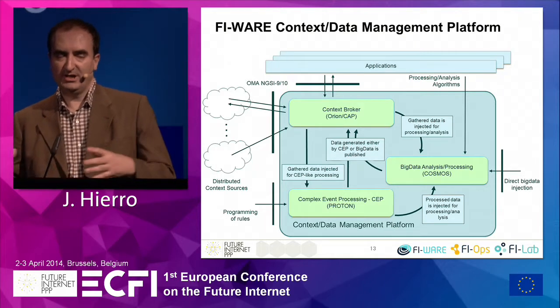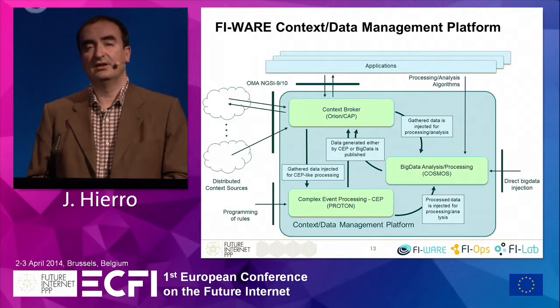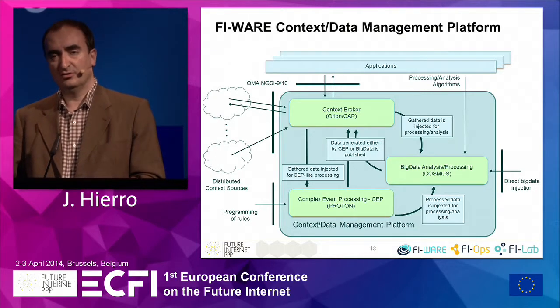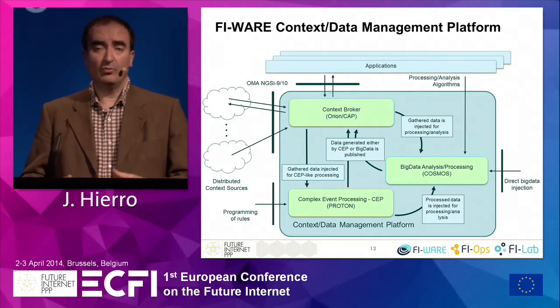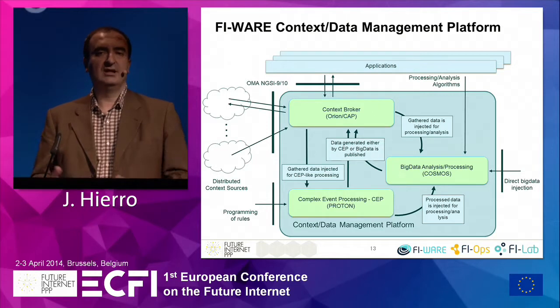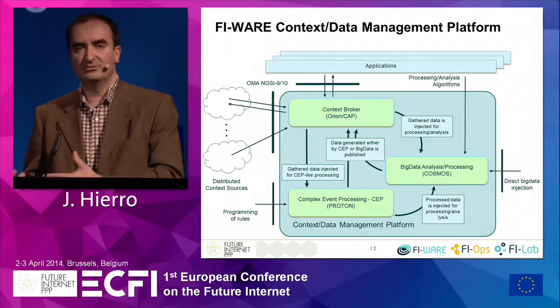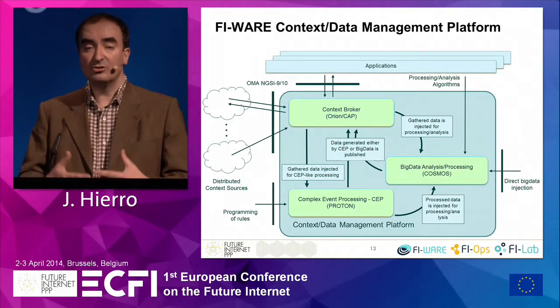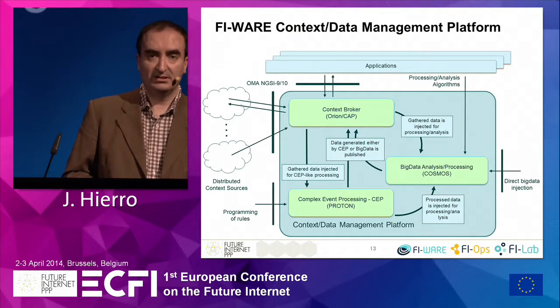So for instance, you may determine that whenever this and that happens associated to these given entities, you wish to trigger a given alarm or create an action or create an orchestration. This is something you will be able to program using rules that you set up with the complex event processing generic enabler.